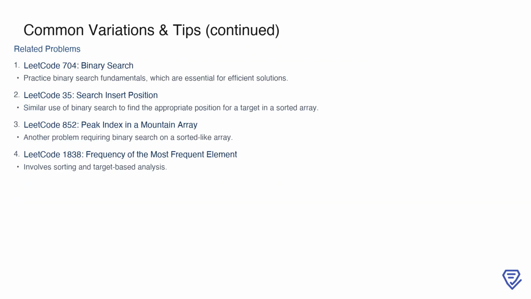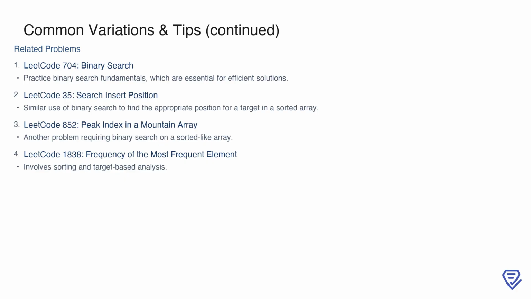To deepen your understanding of this problem, you can practice related problems that involve similar concepts. For example, LeetCode 704 introduces the basics of binary search, which is essential for efficient solutions. LeetCode 35, Search Insert Position, also involves binary search to determine the correct position for a target in a sorted array.